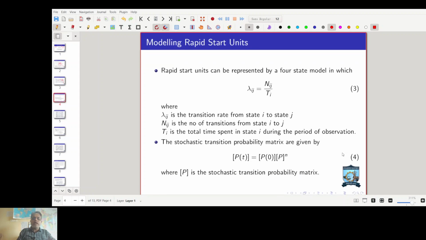Now, how to model rapid start units? What are rapid start units? Like hydro and gas turbines. So rapid start units can be represented by a four-state model in which the failure rate is given by lambda ij equals nij by Ti, where lambda ij is the transition from state i to j, nij is the number of transitions from state i to j, and Ti is the total time spent in state i during the period of observation.